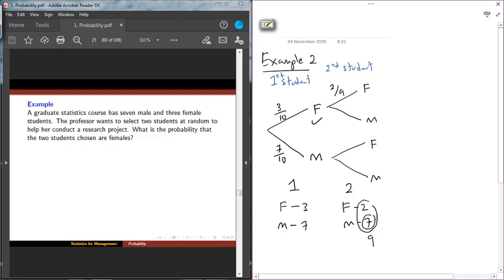Male is how much? 7. 7 over 9. Hope you guys understand. If you choose the first student as a male, female still 3, male is now become 6 for the second student.